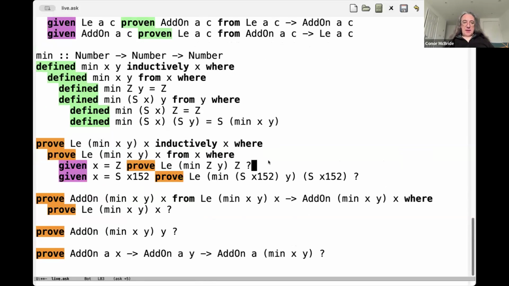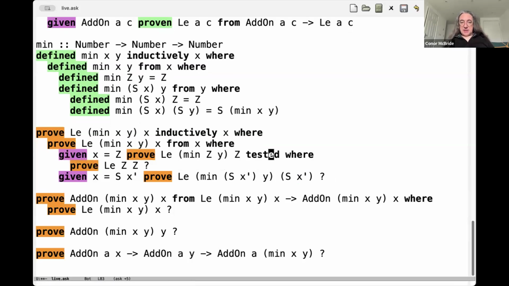Okay. Bit of tidying up of the names. Okay, so here we want to do test because we're going to get some computation. And can we prove that z is less than or equal to itself? We sure can.